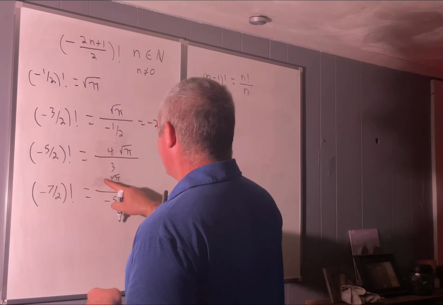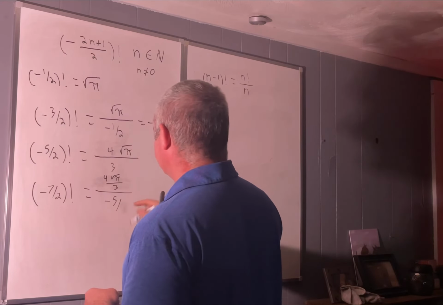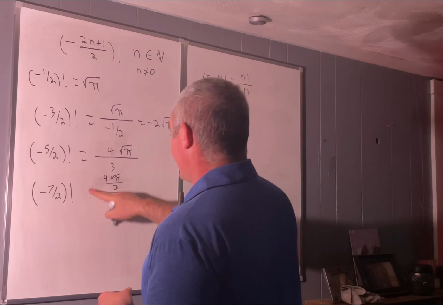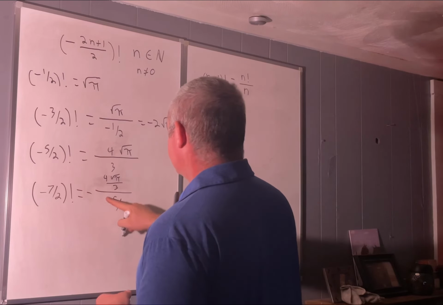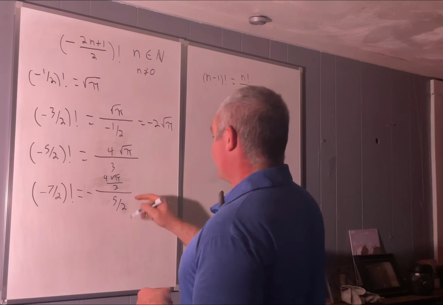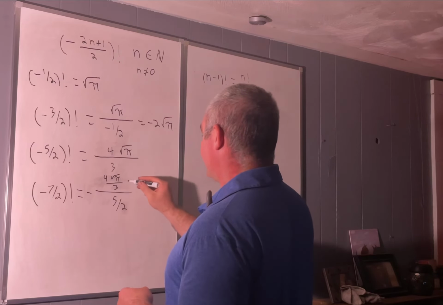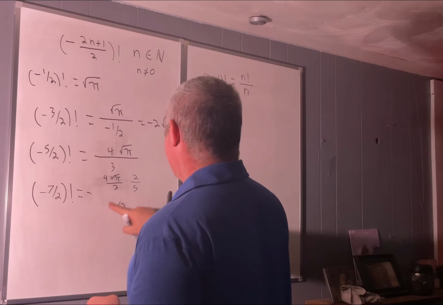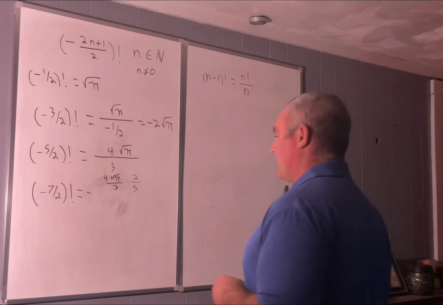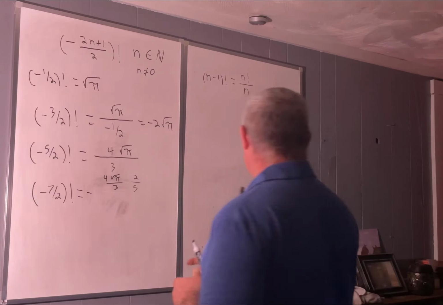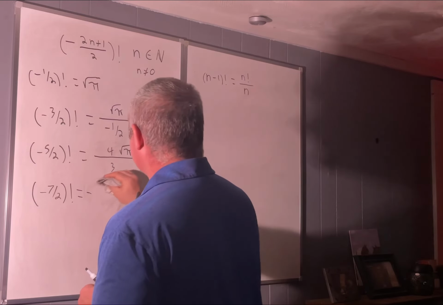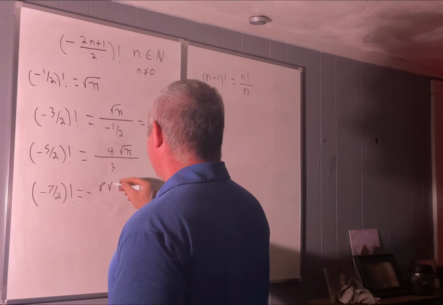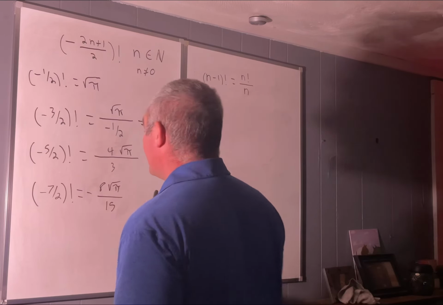Hold on a second, let's undo that. Okay, so let's bring the negative sign out front. And then make this 4 square root of pi over 3 times 2 over 5, which would make the entire thing equal to 8 square root of pi over 15. I'm sorry, negative 8 square root of pi over 15. One more time.